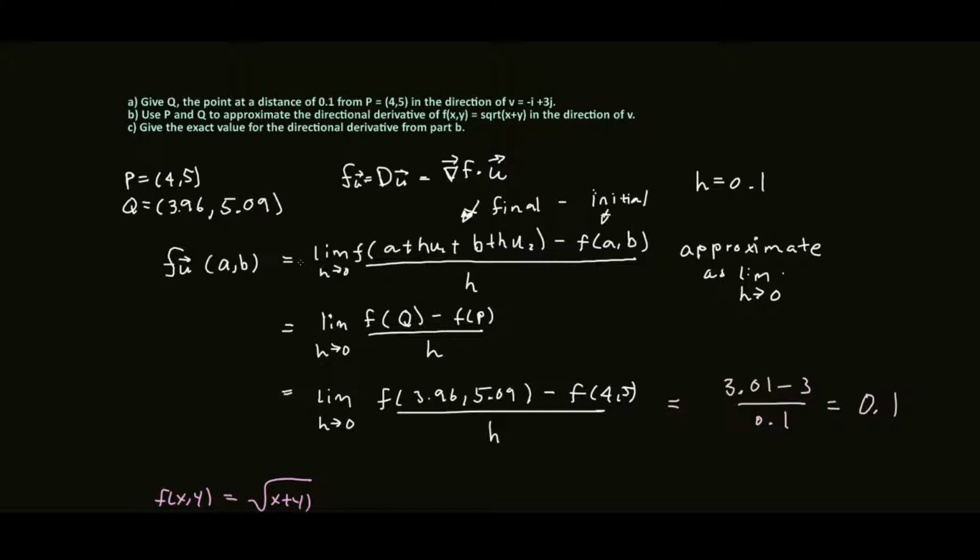And another definition to find the directional derivative at a certain point in the direction of the unit vector is actually this function right here. It's as the limit h approaches 0, getting close to 0, we can find the directional derivative, which is the slope in that direction.